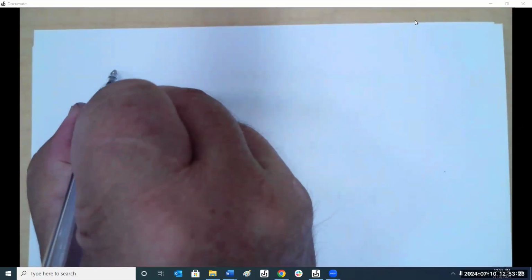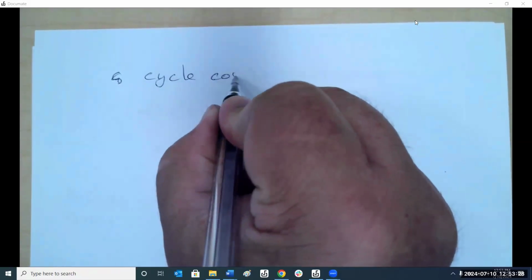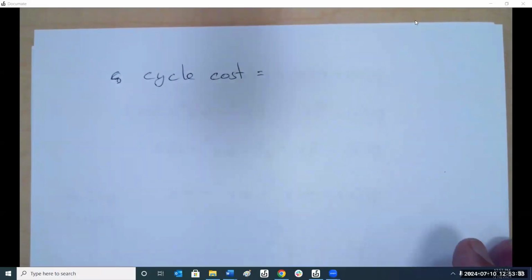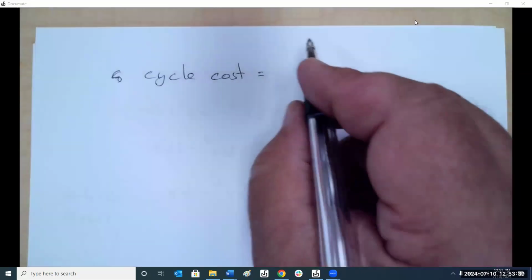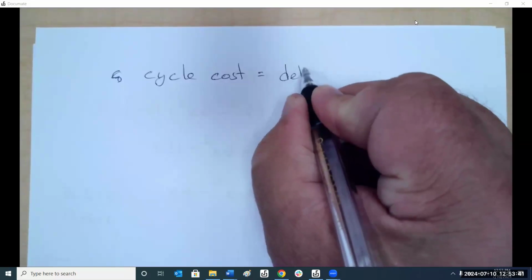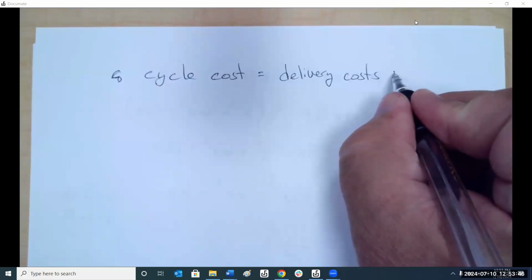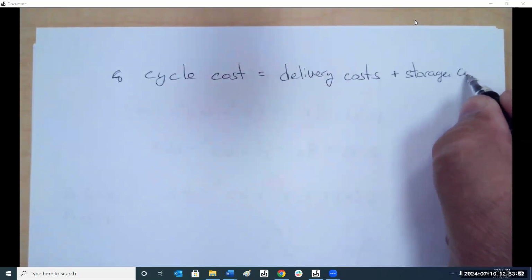So let's look at what this means. What are we looking at? We're looking at cycle cost. Each time she purchases it, what is the cycle cost? What is it made up of? Delivery costs plus storage cost.